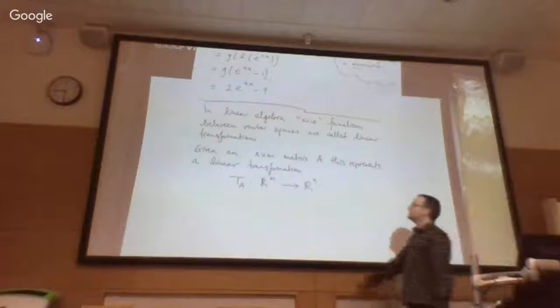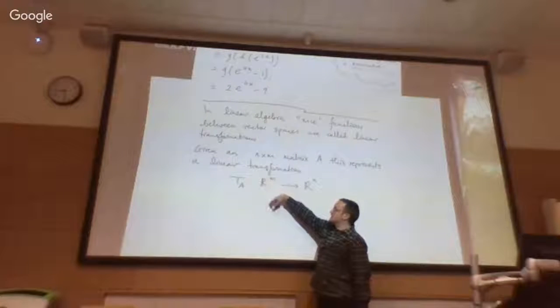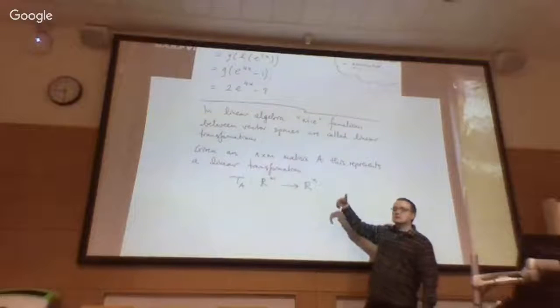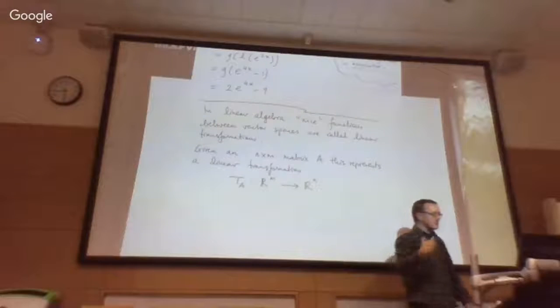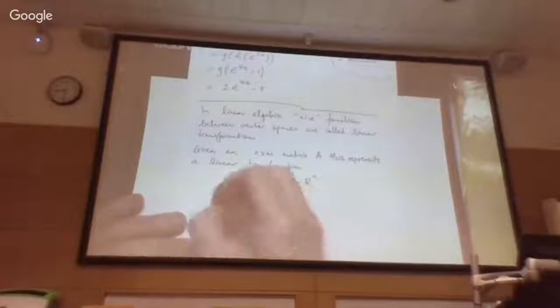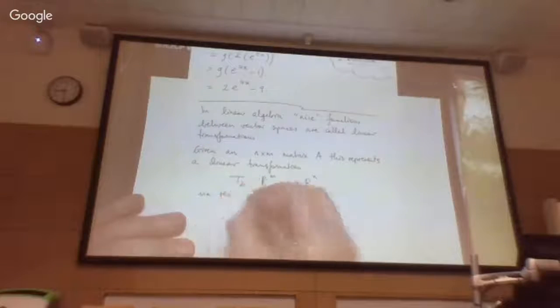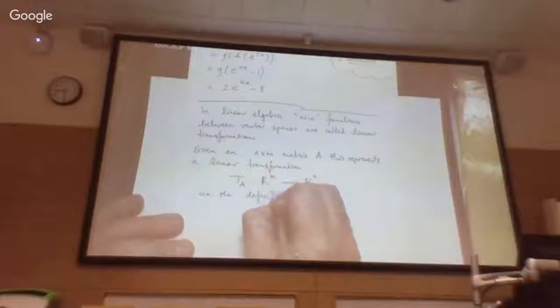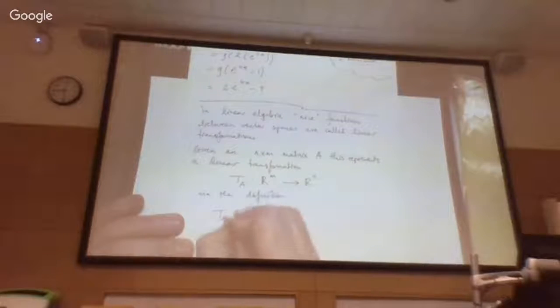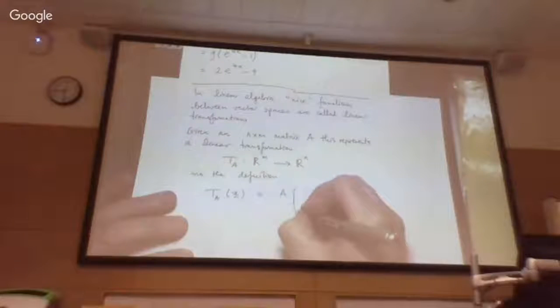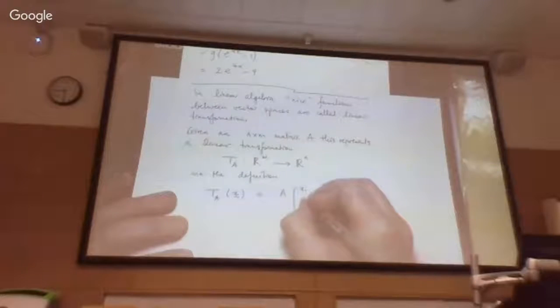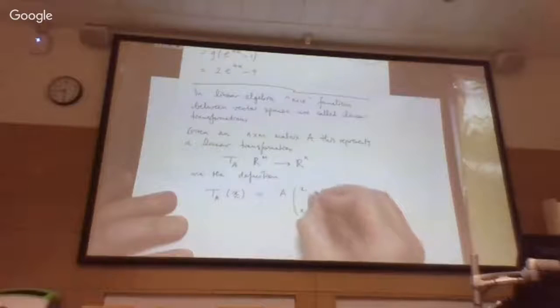Okay, remember Rm is the set of all vectors of length m with real components, and Rn is the set of all vectors of length n. So this is via the definition that if you apply the linear transformation to a vector x from Rm, it's equal to the matrix A multiplied by the column vector x1 up as far as xm.